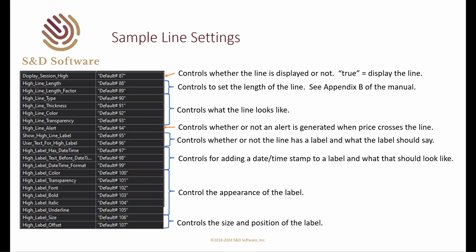Now, in the settings for the session tool, after you have the settings for defining the session and the settings governing the statistics, then you have settings for lines: settings for the high line, the low line, the midpoint, the open, close. And those settings are essentially all the same. They just have a slight change in the name to make them distinct, so you know which line those settings are applying to.